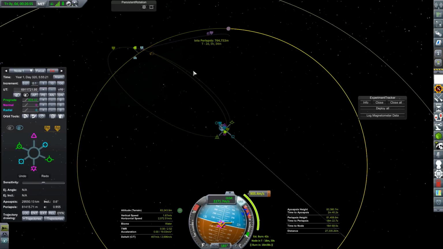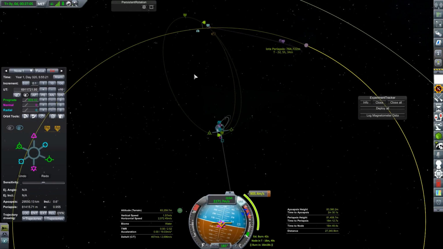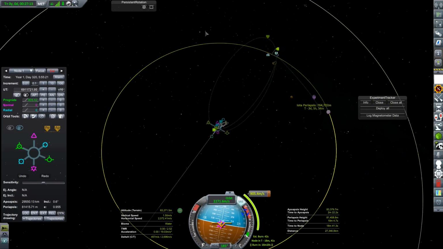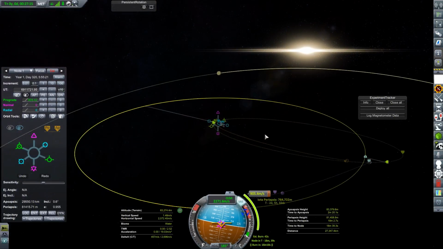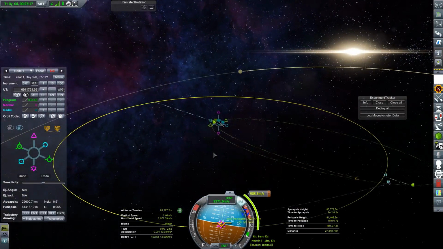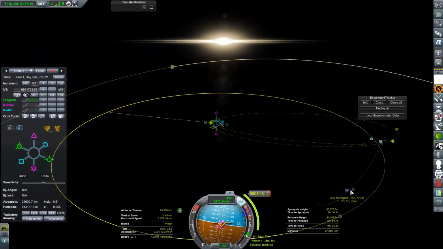I'm not sure which one's actually more efficient. But from here, I'm going to try not getting too much speed. Like you can see that my inside orbit is this orange line, and then my exit one, green, is larger. That means that I'm picking up some speed. So I'm coming up behind the planet. That's what that means.